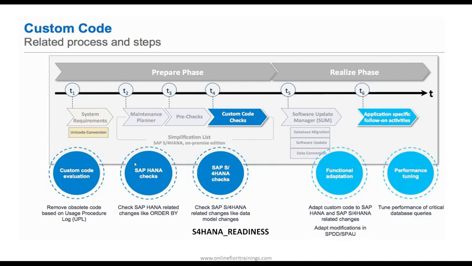More important as a developer for you is this blue part: check your custom code as per S/4HANA readiness. And then at the end, as an application developer, it's also important, since your company heavily invested in the S/4HANA product, to see what new you can leverage out of this digital core. That's where the SQL Performance Worklist monitor tool comes into the picture, which we also saw in unit number 4, guys.